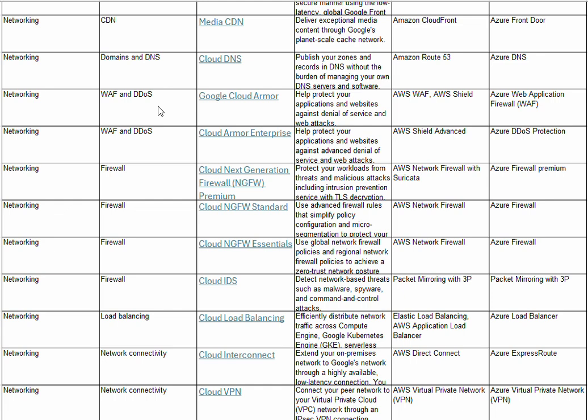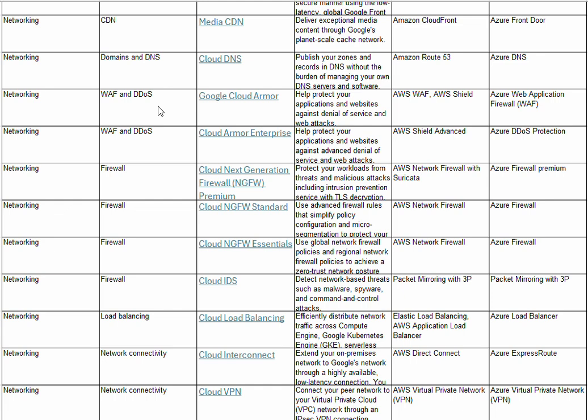When we look at all these things, many are not very important for us, but if you know all about the services, it will be easy for us to proceed further. On AWS it is the Network Firewall, and on Azure, Azure Firewall.